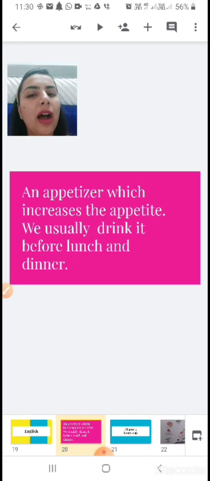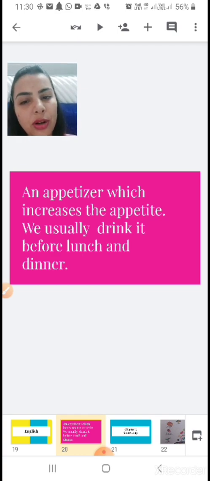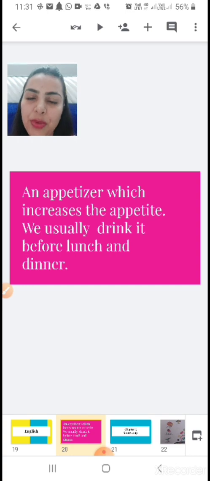What is appetite? Our hunger. It increases our hunger for our dinner or lunch. And sometimes we also drink it in the heavy winters. So which kind of beverage is it? It is soup. Yes, it is soup.